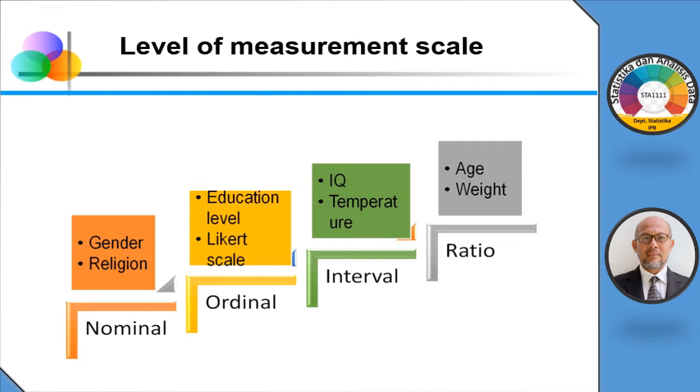We know that junior secondary school, or SMP, is a higher level than primary school, or SD, as well as SMA, senior secondary school, is higher than SMP as well as SD, right? So the 2 measurement scales, nominal and ordinal, are many times classified as qualitative scale.